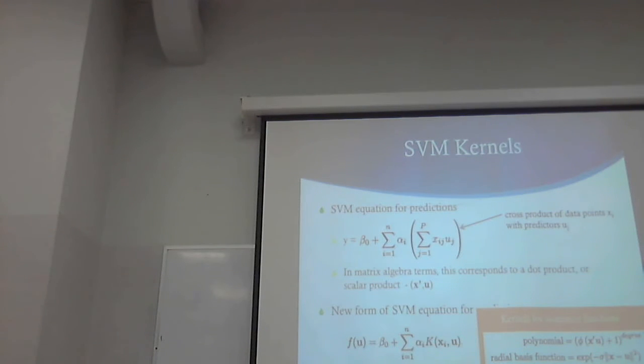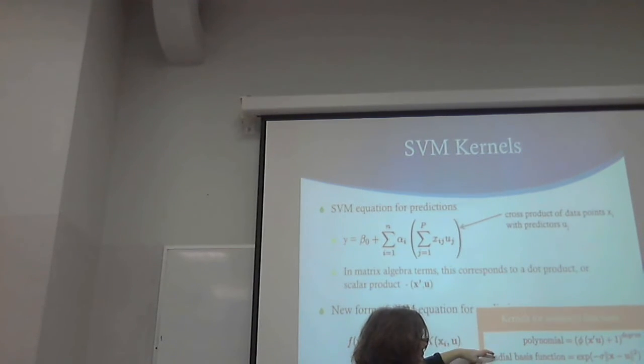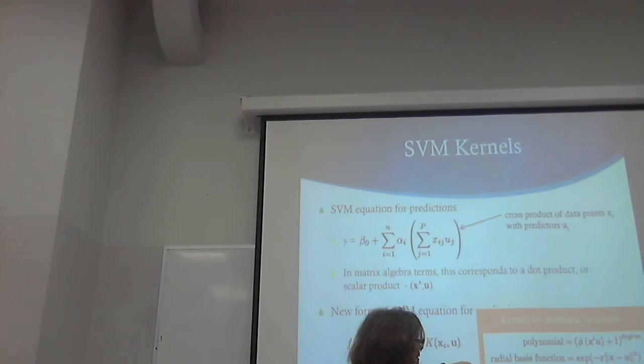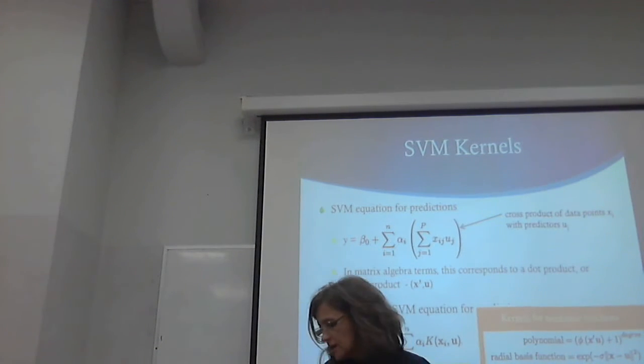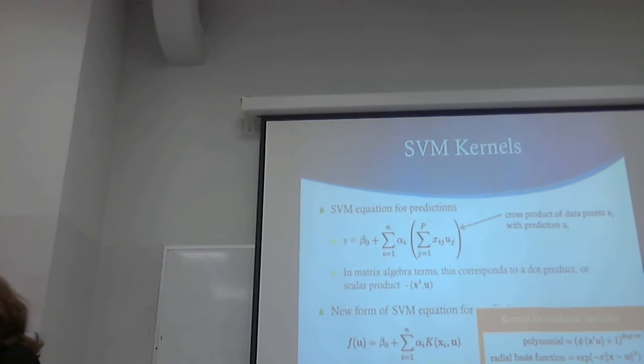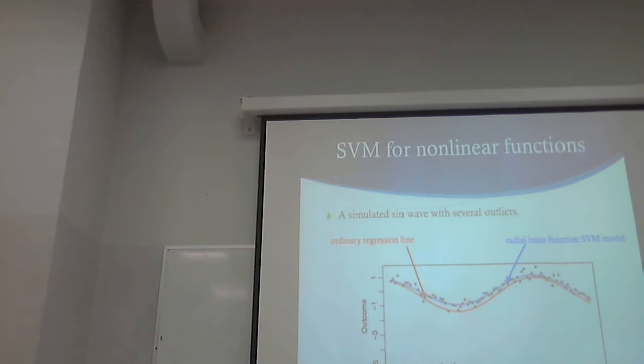How it's calculated: the other tuning parameter in SVM is the kernel. The kernel can be polynomial, radial basis, or hyperbolic tangent. As I found out, you finally use the radial kernel.